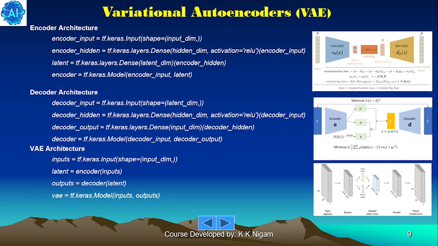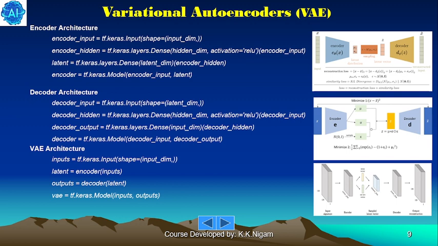Then decoder architecture. In a similar way we have to write the code for this also. Decoder input is equal to tf.keras.Input with shape equal to latent dimension. Then decoder hidden is equal to tf.keras.layers.Dense with hidden dimension, activation equal to ReLU, applied on decoder input. Decoder output is tf.keras.layers.Dense with input dimension applied on decoder hidden, and the decoder is tf.keras.Model with decoder input and decoder output.